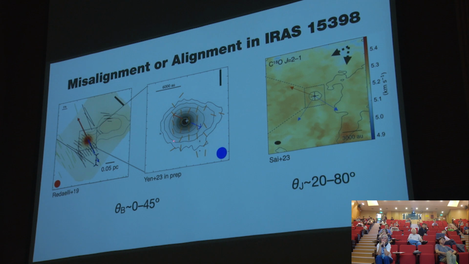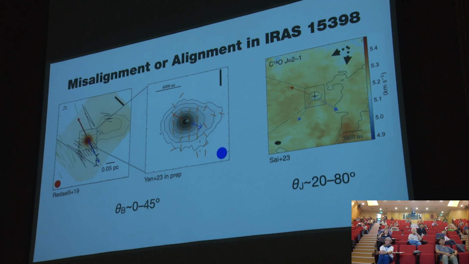Actually, the orientation of the magnetic field and velocity gradient direction highly depends on spatial scale. But assuming that this large-scale velocity gradient reflects bulk rotational motion of the dense core, then we can get some idea about the orientation of the position angle of the angular momentum vector on the plane of sky.